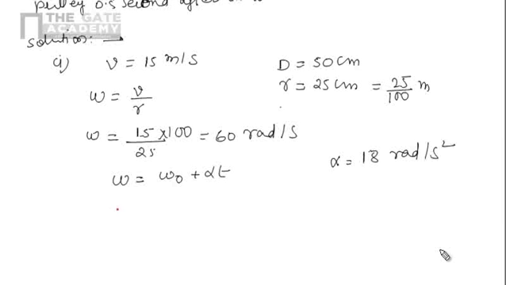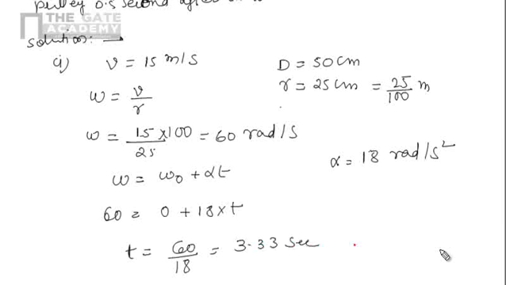If I put all these things in that equation, omega we know is 60, omega naught is 0 because it is starting from rest, plus 18 into t, so t will be 60 by 18, it will be 3.33 seconds. So the answer of part 1, the time required for the weight to attain a velocity of 15 meter per second, is 3.33 seconds.